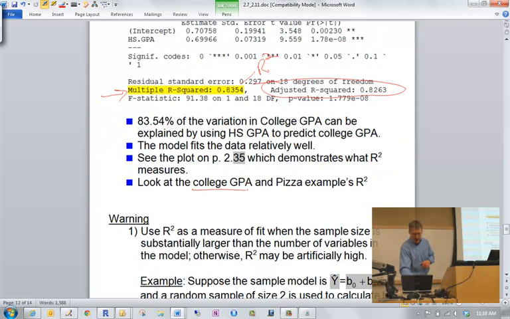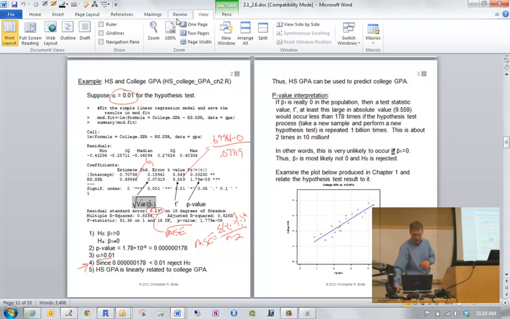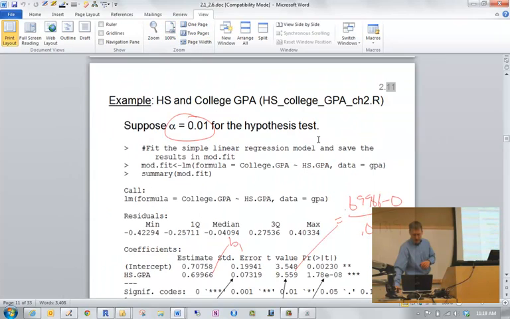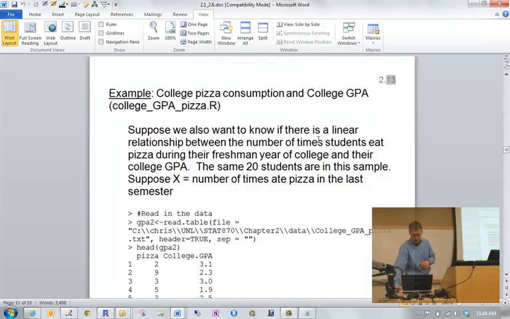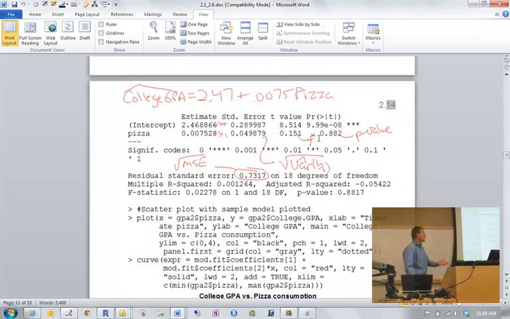Well, remember that college GPA and pizza example, the number of times you eat pizza? Let me go back to the output for that. So this was the output that we had earlier in Chapter 2.